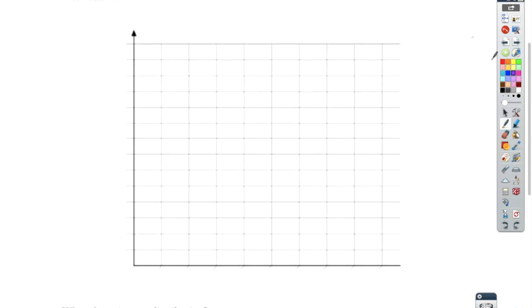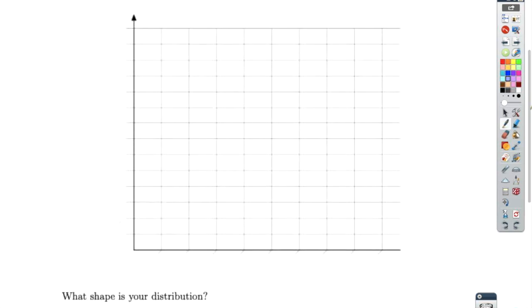So here's my recommendation. I'm going to make my pen a little bit smaller here. Our smallest value on that table is 8.39. So I want that to start right here. And the largest value was 11.8.